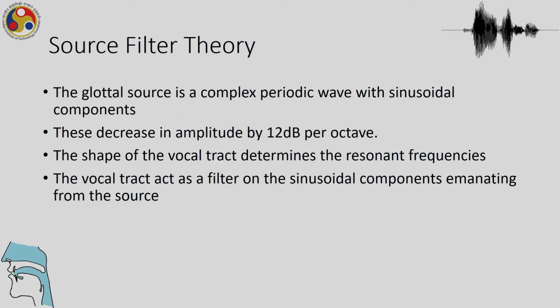So far, that's what we saw when we were looking at source filter theory. The components decrease in amplitude by 12 decibels per octave, and the shape of the vocal tract determines the resonant frequencies, and the vocal tract acts as a filter of the sinusoidal components emanating from the source.